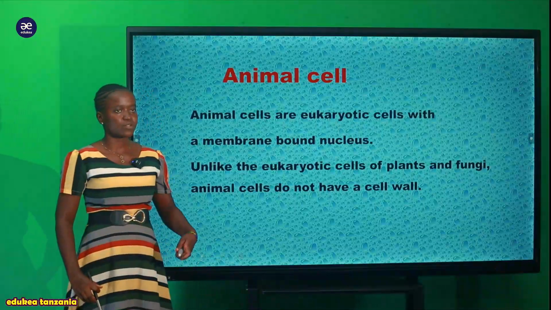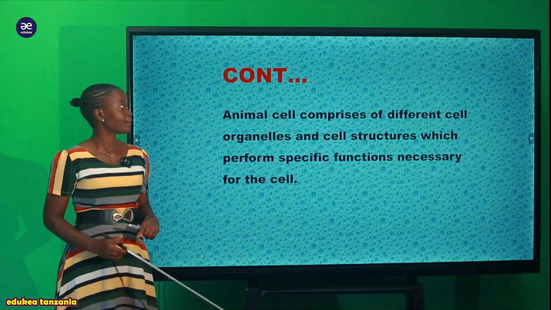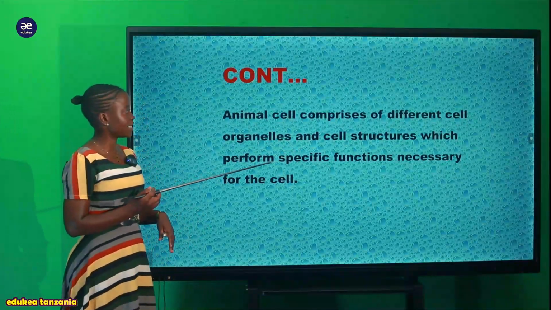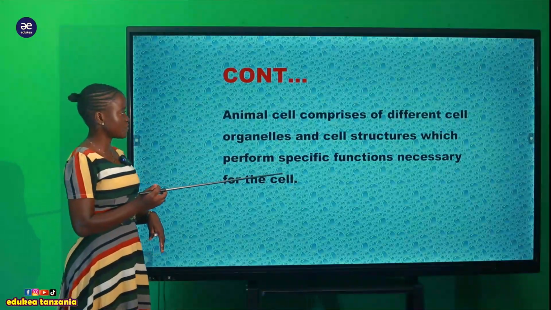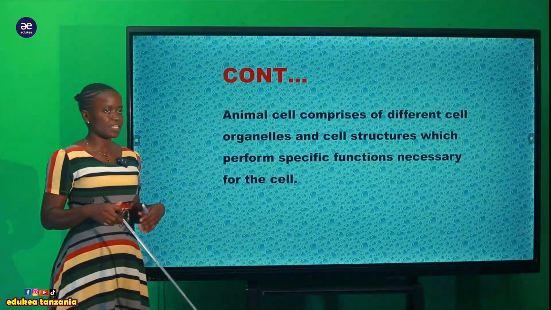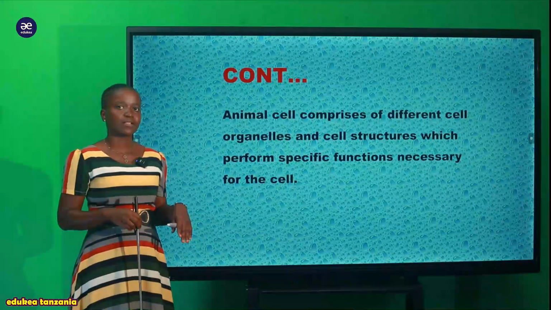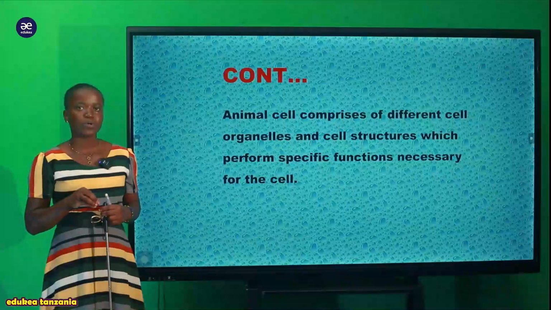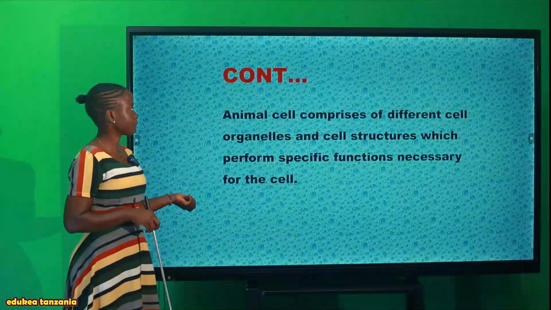But also, these animal cells comprise different organelles and cell structures which perform specific functions necessary for their cells. Zile organelles nyingi ambazo zinapatikana kwenye plant cell also zinapatikana pia kwenye animal cell, except kuna few of them zipo kule kwenye animal cell.